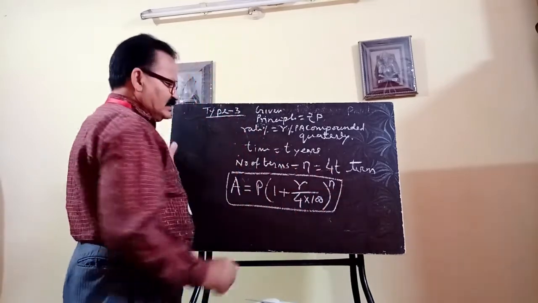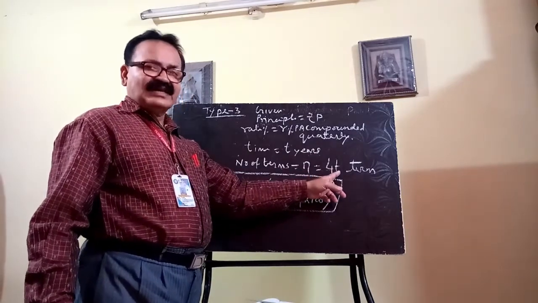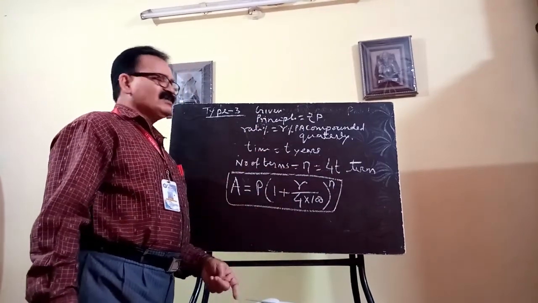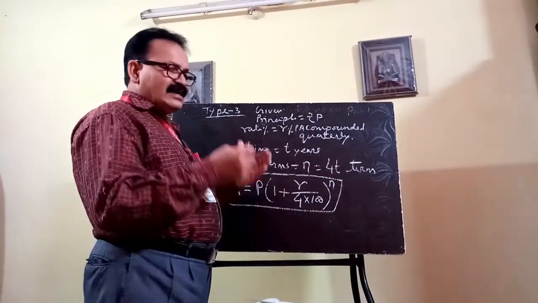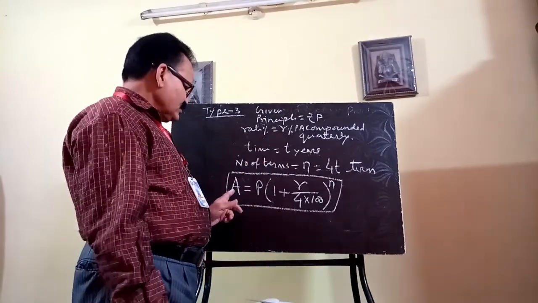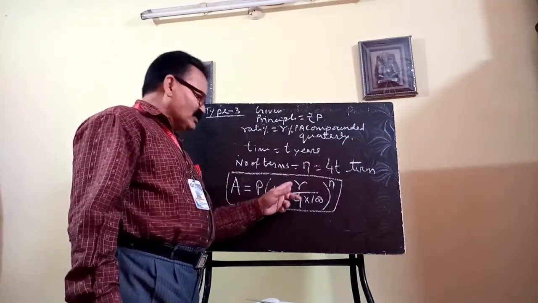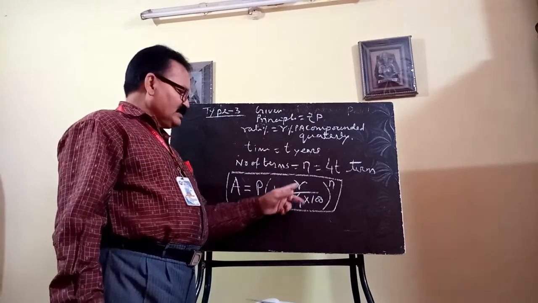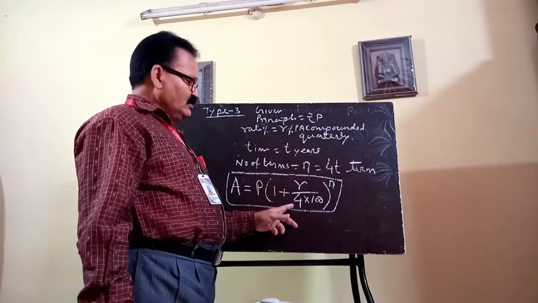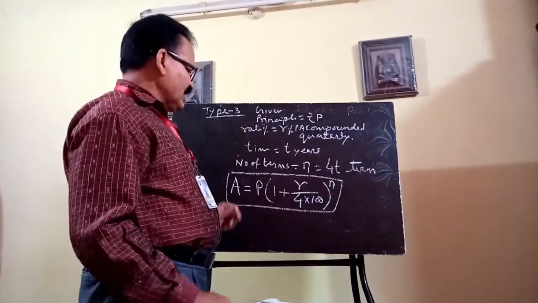This n is to be calculated by, suppose time is 1 year. So 4 into 1 means 4 terms. If it is compounded quarterly, then your calculation of the interest will be 4 times in a year. So your rate is to be also divided into 4 equal parts, for each part R by 4. So 1/4 of the rate is to be considered for calculation of the amount.